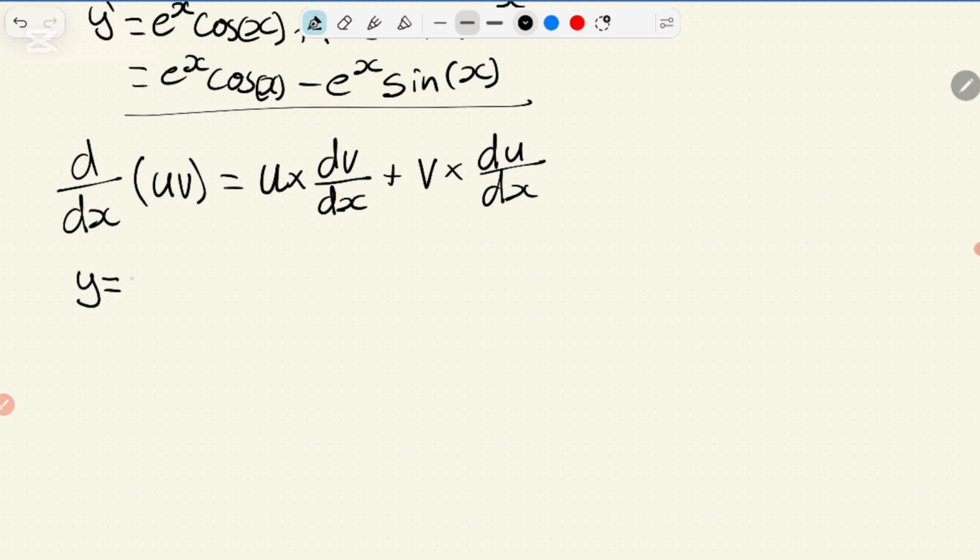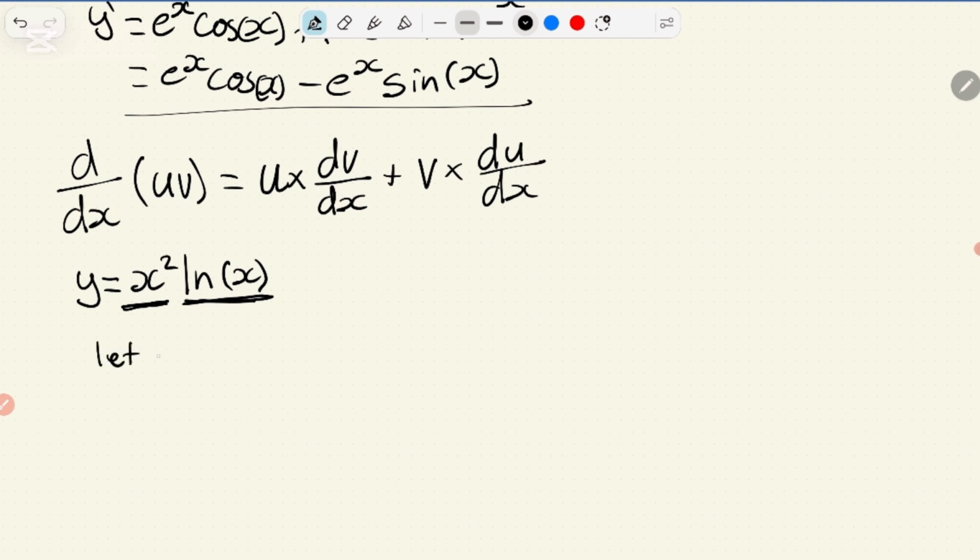Let y equal x squared ln of x, so the natural log. Okay, so identify our two functions. We've got x squared and ln of x. All right, let's go.